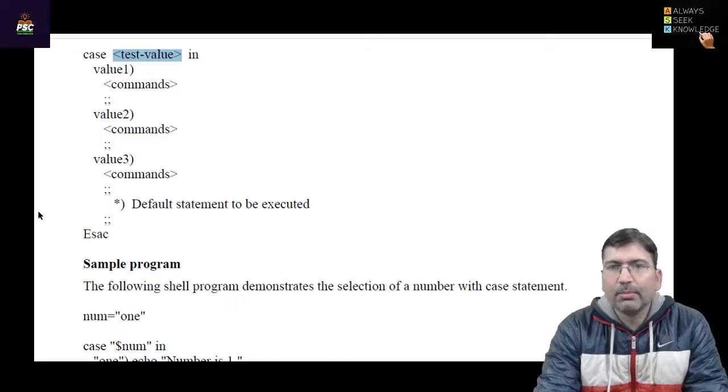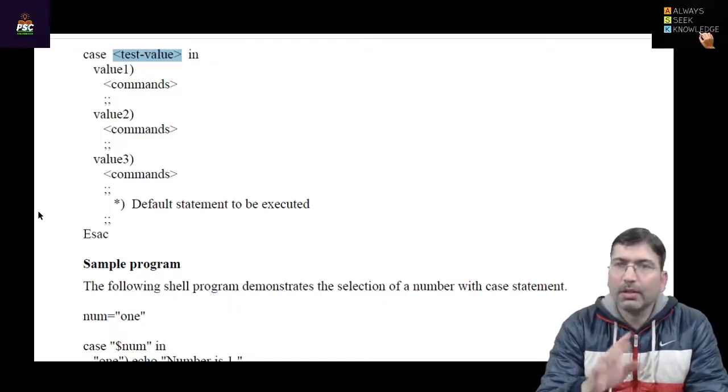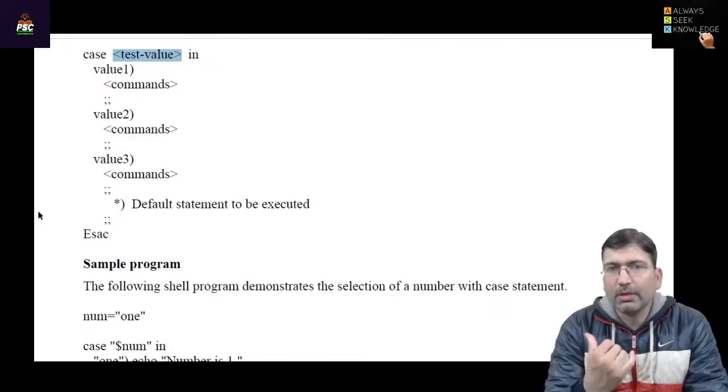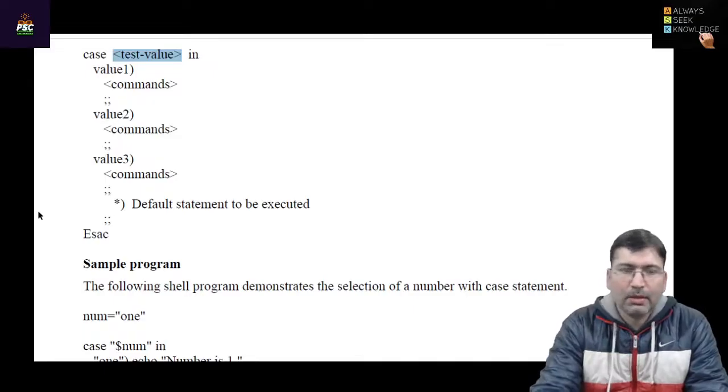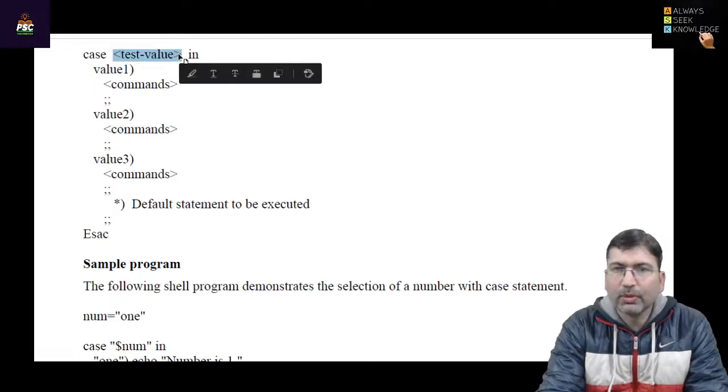You take a variable input like 1, 2, 3 till 12, and if the user inputs 1, you want to display January. If the user inputs 2, you want to display February, and so on. Here you can take the test value, like dollar month. You can read the month variable by using the read command.